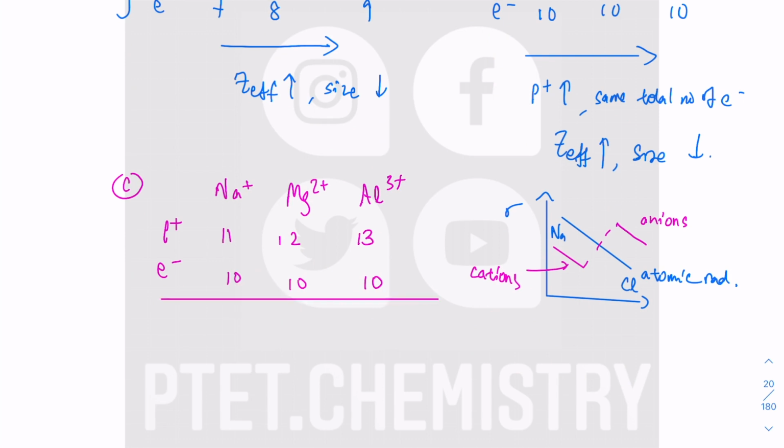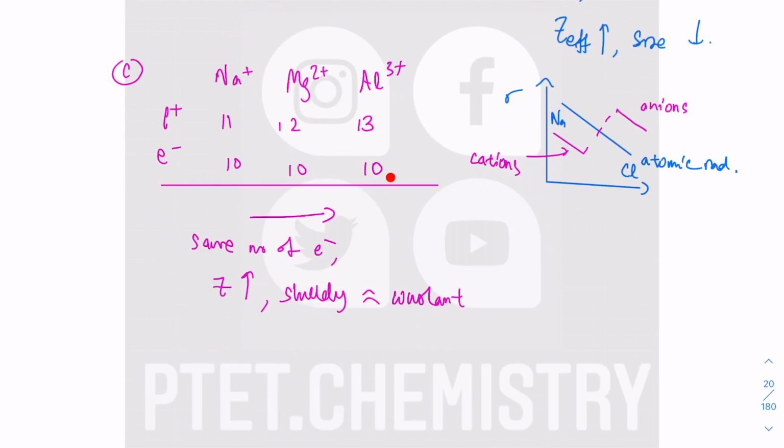For the same number of electrons, your nuclear charge increases, your shielding is roughly constant because you only fill up to the second shell, and they have the same total number of electrons, so they fill up to the exact same second shell, the exact same orbital, the p orbitals get completely filled up. So effective nuclear charge increases, therefore size decreases.